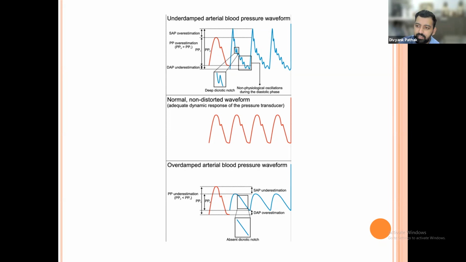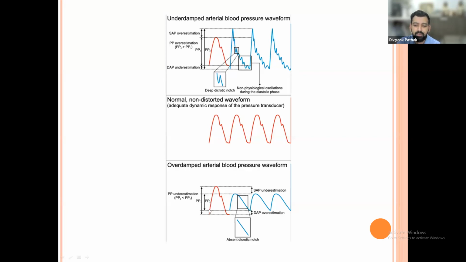There is over spiking of systolic pressure and under spiking of diastolic pressure. There can be many reverberations. These are non-physiological reverberations during the diastolic phase, and I'll come to that in more detail. And there is one dicrotic notch.